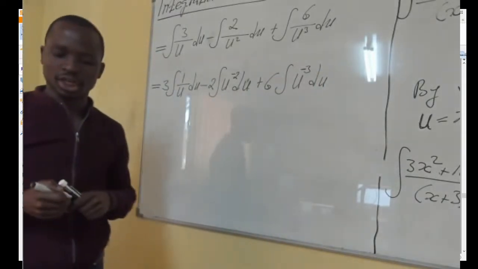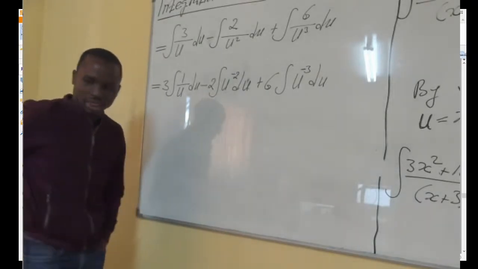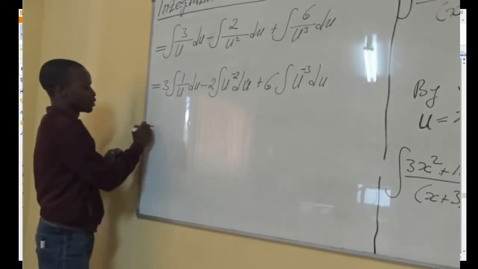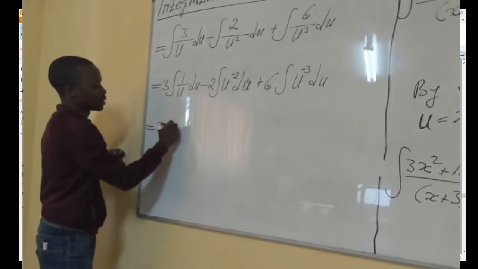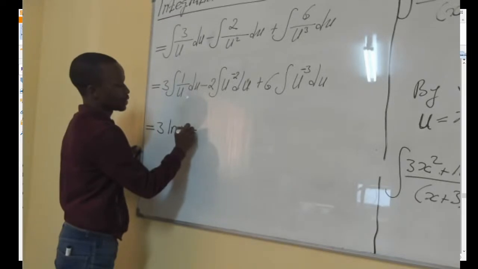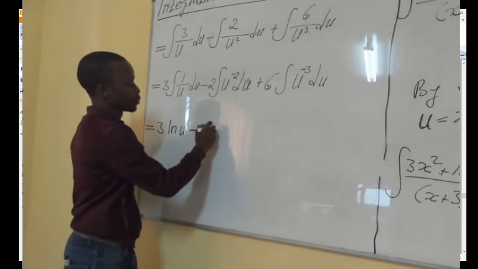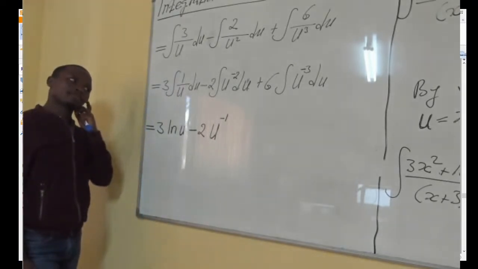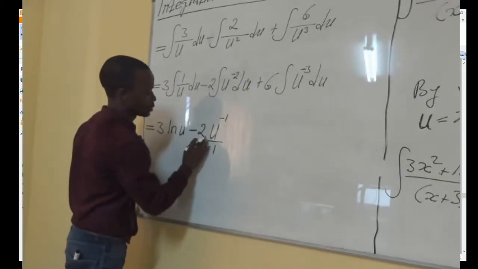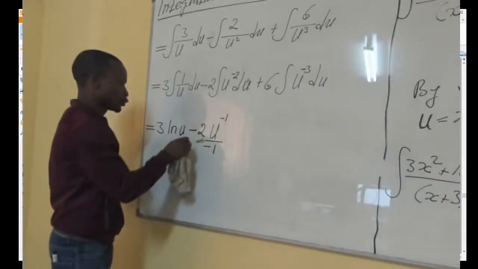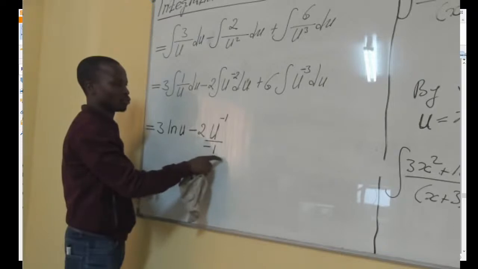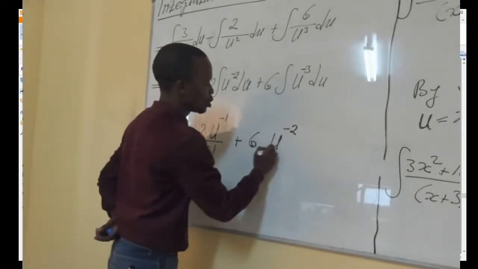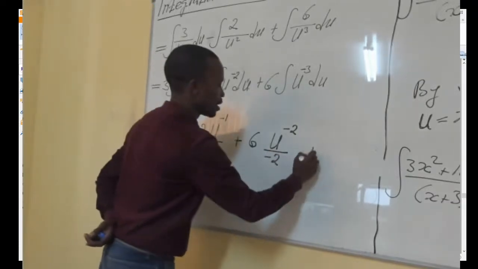Now, applying those formulas for integration, we are going to get 3 times ln of u minus 2 times u to the power negative 1 over negative 1, because you add the power: negative 2 plus 1 over negative 2 plus 1 gives negative 1, plus 6 times u to the power negative 2 over negative 2, then plus c.